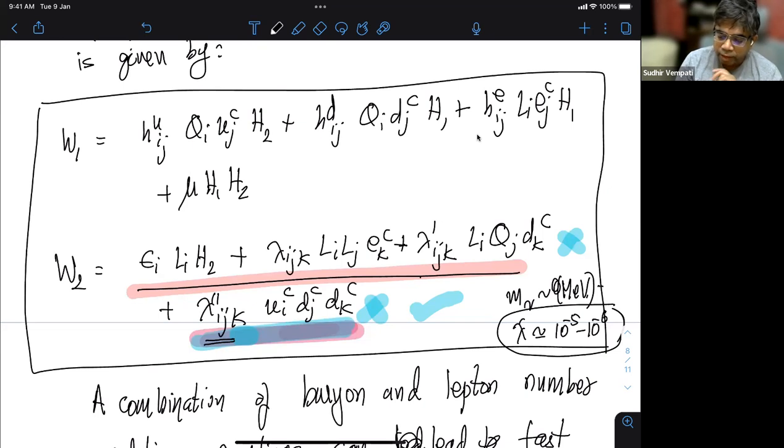GUT baryogenesis happens using a negative delta B, whereas sphalerons give you positive delta B, and so they wash out whatever is previously existing baryon asymmetry. So baryogenesis didn't work out for R parity violation.